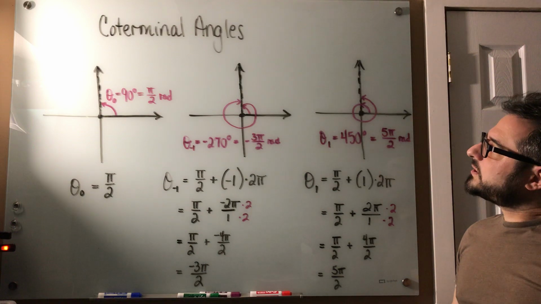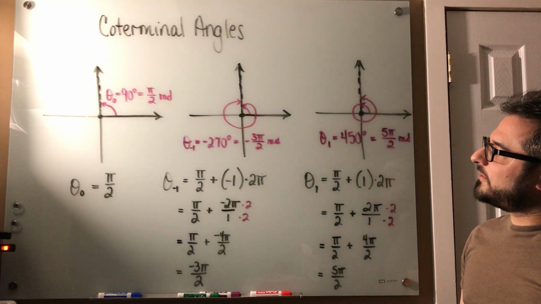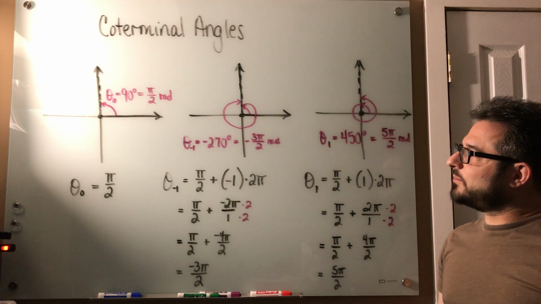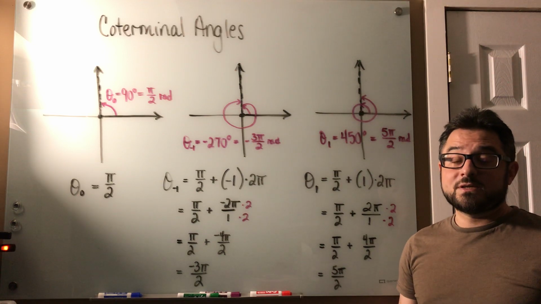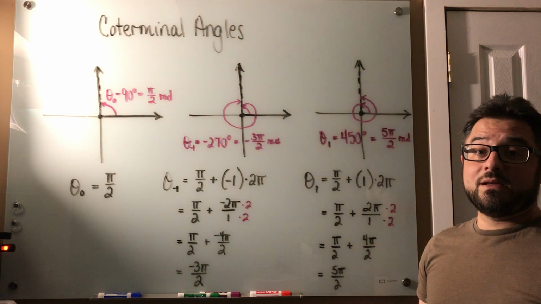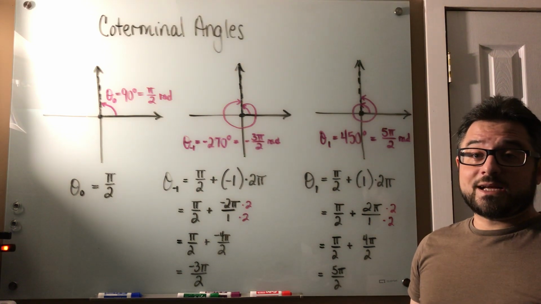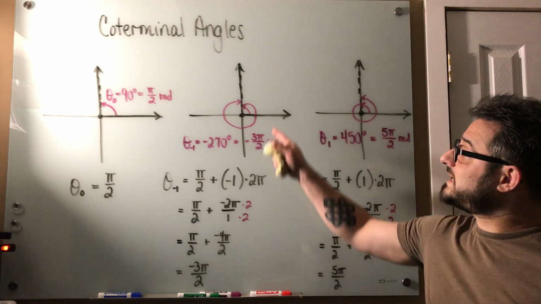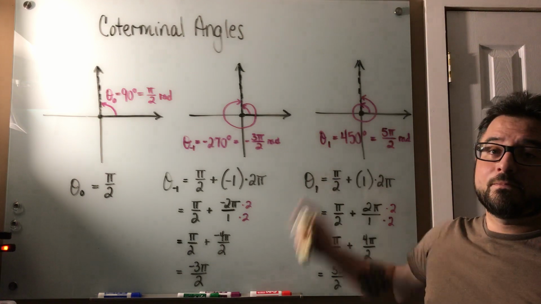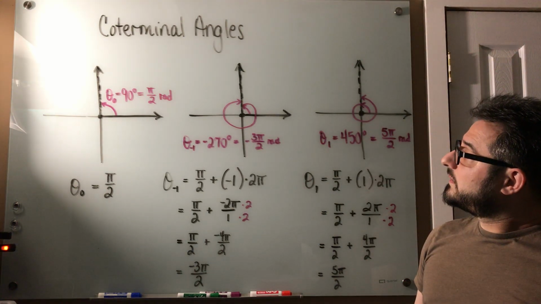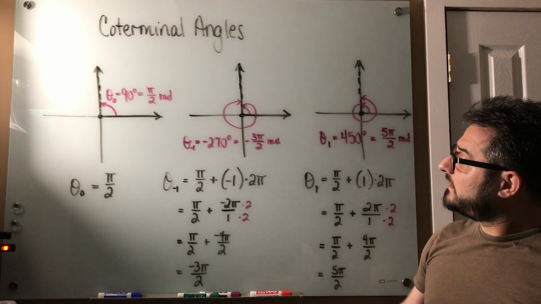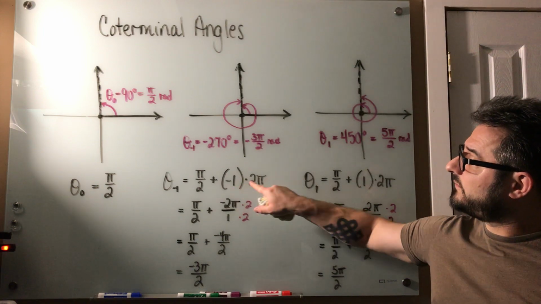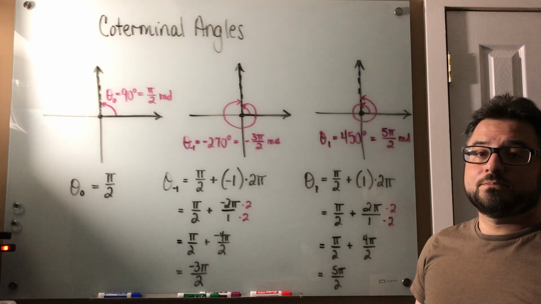So, coterminal angles. Every angle has an infinite number of other angles that are coterminal to it, meaning they have the terminal side in the exact same position, but the rotations used to get there are different. And it always differs by some number of full rotations of the circle.